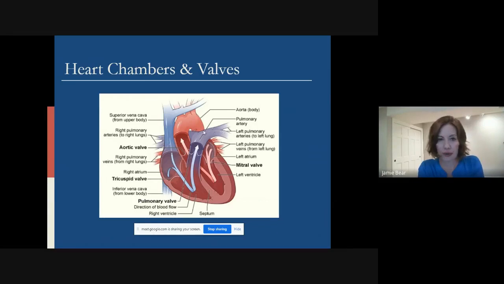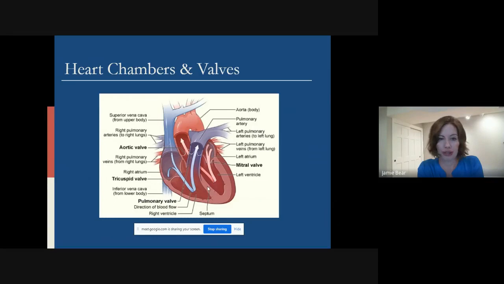You can see here the pulmonary arteries will go then to the lungs, get oxygenated, come back via the pulmonary veins into the left atrium, through the mitral valve, which is the really strong valve that sometimes, due to the high pressure in the left side of the heart, can wear out, down into the left ventricle.